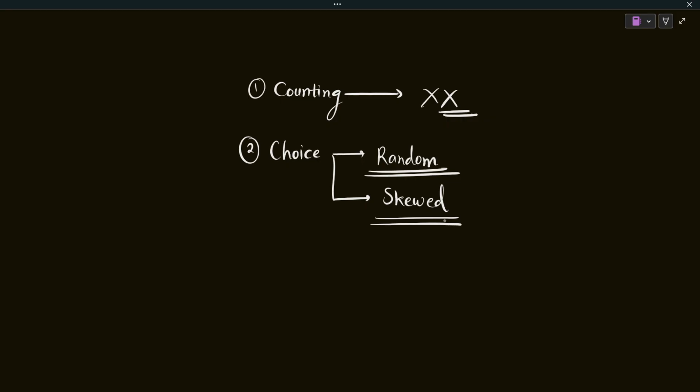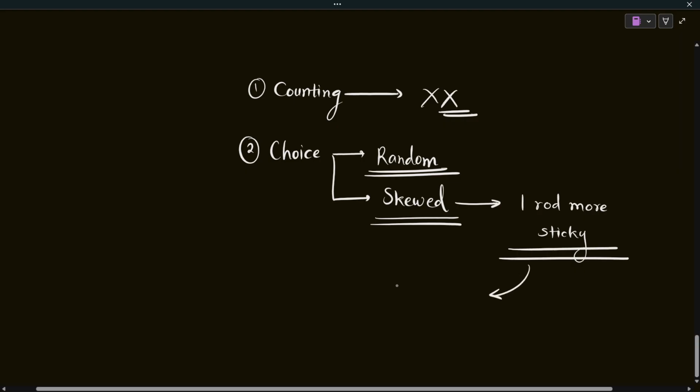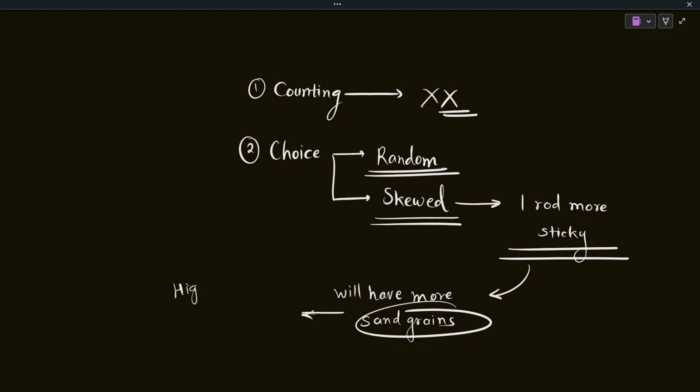Here there is some bias. Assume that instead of making both rods equally sticky, you show some bias and make one rod more sticky. Now this rod has a higher probability of having more sand grains, meaning the X-linked factors, so it has a higher probability of being inactivated.